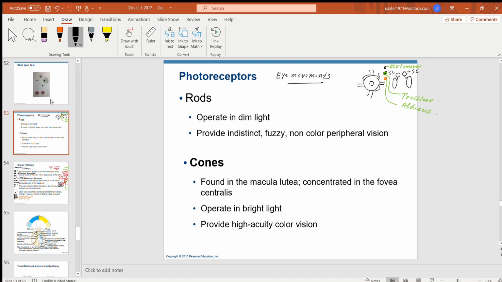The superior rectus, okay, and also oculomotor nerve innervates the medial rectus, inferior oblique, this one, inferior oblique, as well as inferior rectus, okay. So 4 muscles.